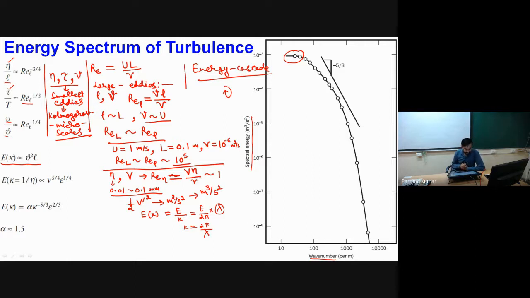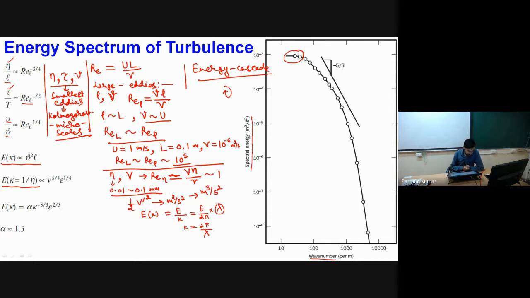In case of the smallest eddies, as I told you, there is the relative importance of inertia and viscosity. Viscosity will lead to dissipation of the energy. So for the smallest eddies, the spectral energy is proportional to velocity scale power 5 by 4 into epsilon 1 by 4.